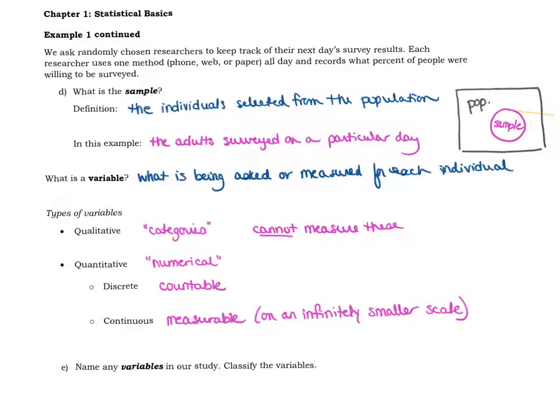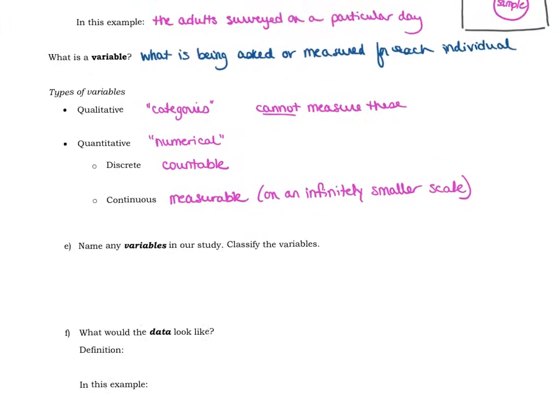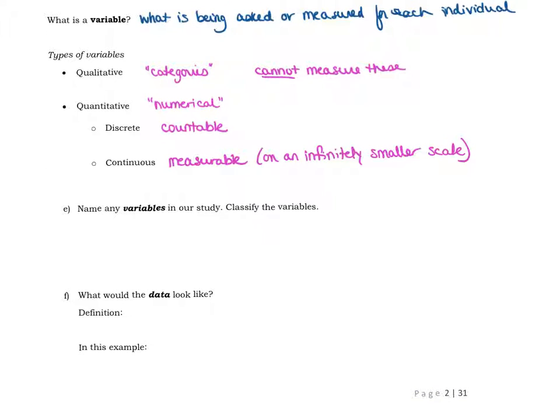All right, so we're going to go back and look at our study again, and we are going to find any variables in our study. Okay, so in our study, what are we trying to figure out? Well, we have two variables actually.